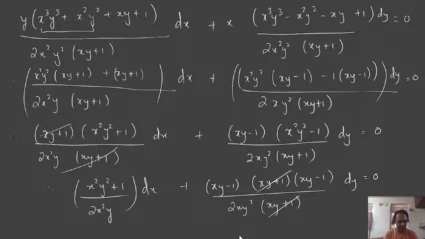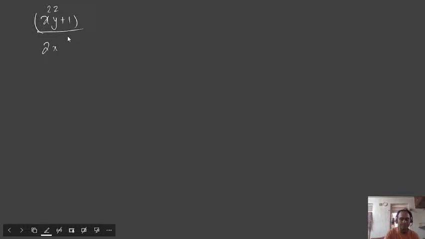Alright, so that is what you get there. So we had here (x square y square plus 1) over 2x square y dx plus (xy minus 1) the whole square over 2xy square.